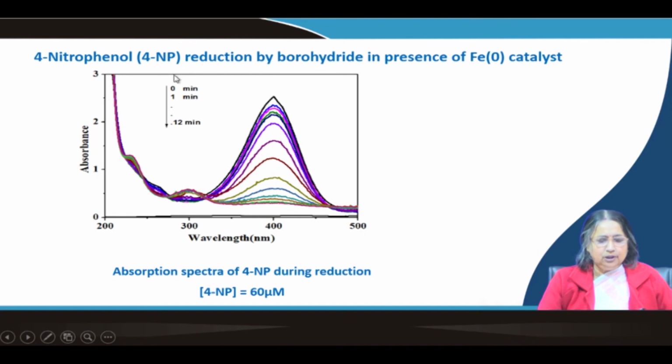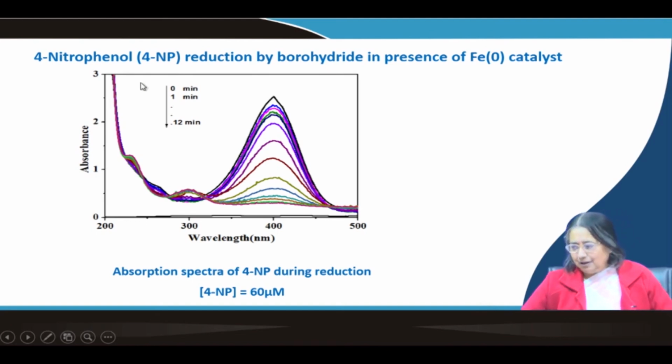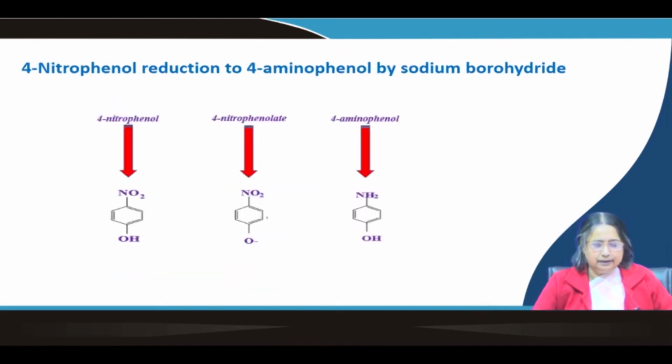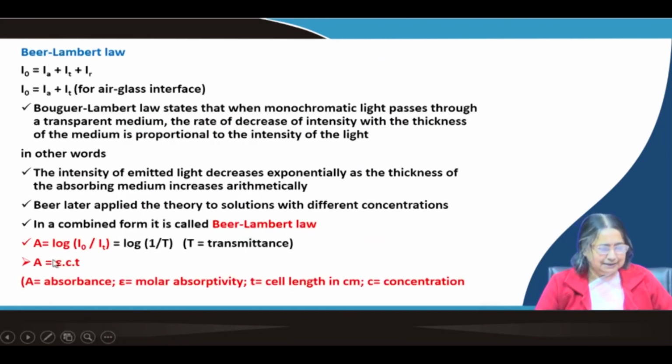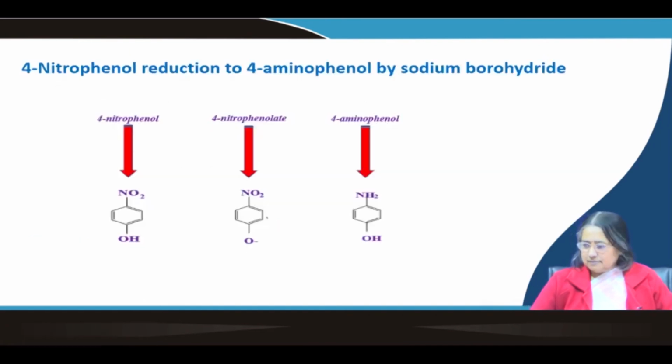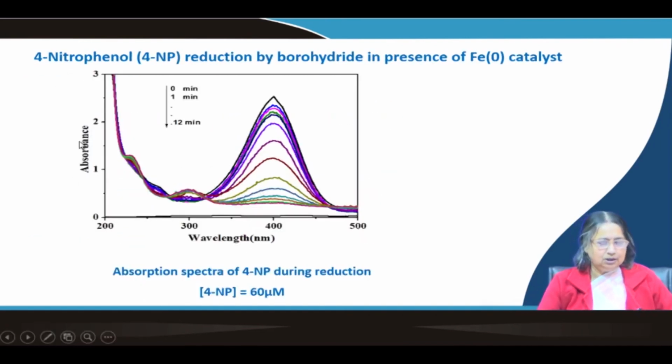Nitrophenol has already converted into nitrophenolate, and this nitrophenolate has the absorption here. What is absorbance? I already discussed. A is the absorbance, which is nothing but log I0 by IT.